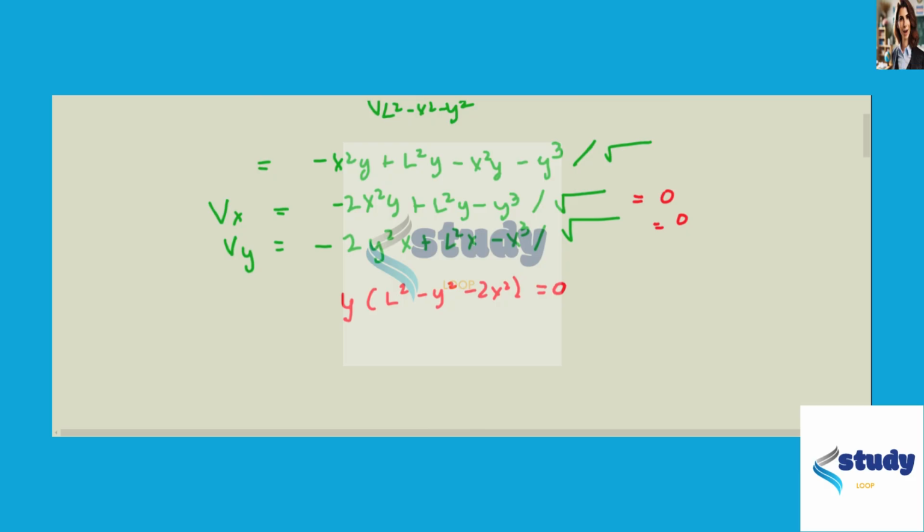And on the second one, I'm going to factor out an x, and I get L squared minus x squared minus 2y squared equals 0. So this tells me y equals 0, or L squared minus y squared minus 2x squared equals 0. Certainly y doesn't equal 0, because if it does, then there wouldn't be a box. Same thing over here, x can't be 0. So we get this.